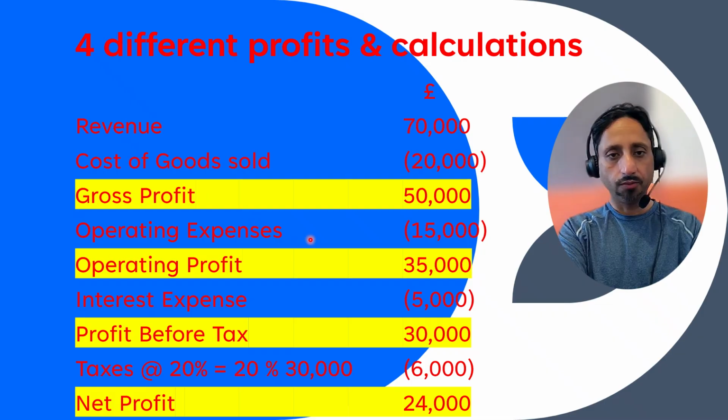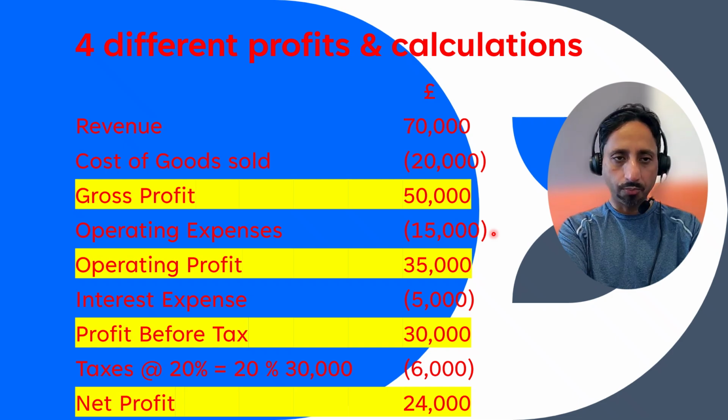After that, we mention all the different operating expenses. We add them up and then we put a bracket sign, and that indicates that operating expenses will be deducted from the gross profit.